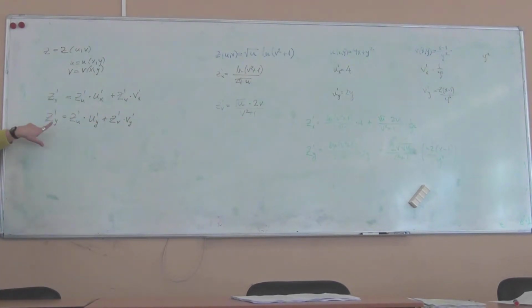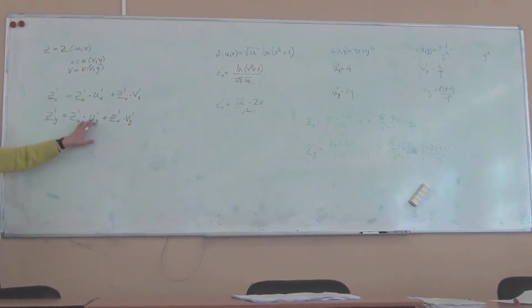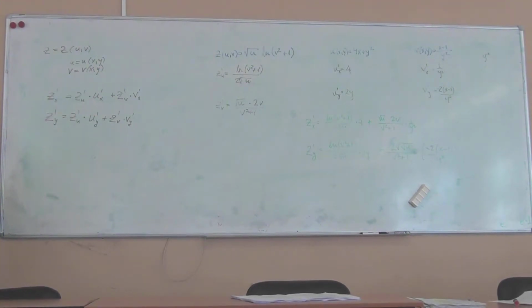And the same goes if we want to derive by y, the partial derivative by y. Again, we have to go through both of these, u and v, because they are combined in some kind of expression, and multiply by the corresponding derivatives by y, because we are not considering the derivative by x, since that would be 0.